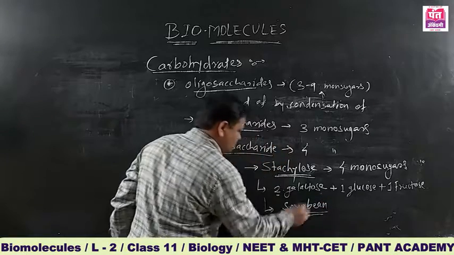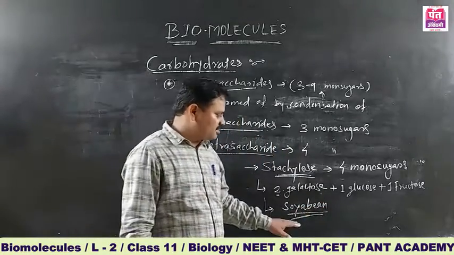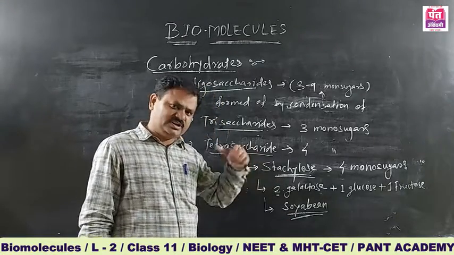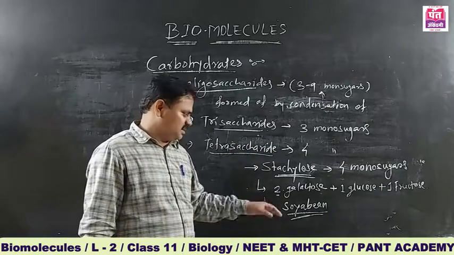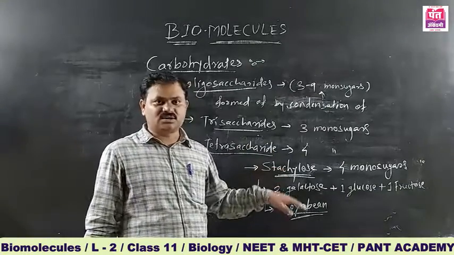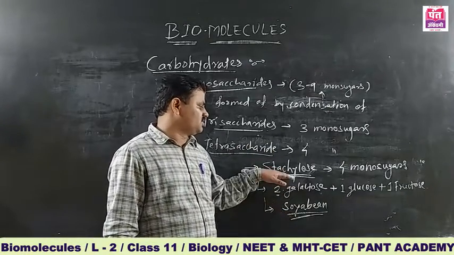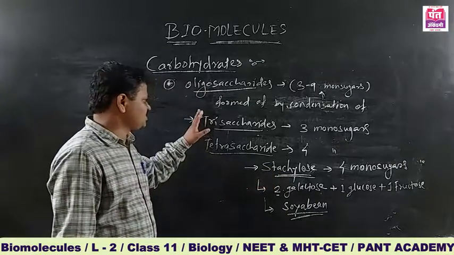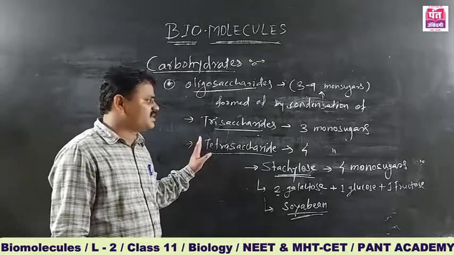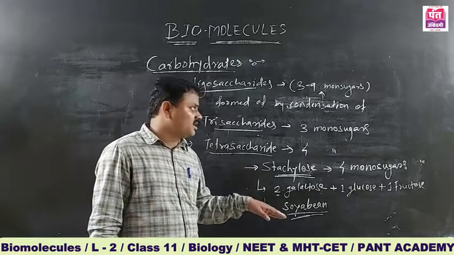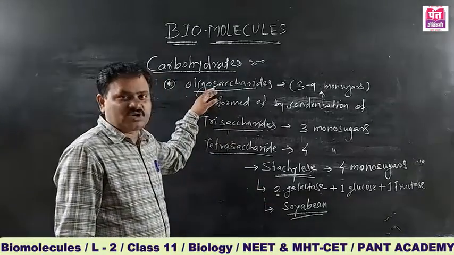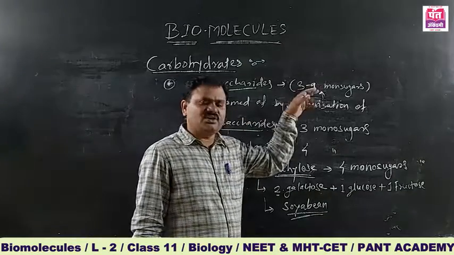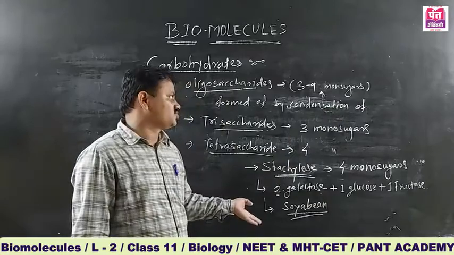Soya bean contains a large amount of stachyose. Also it contains raffinose as well, but stachyose is another type of oligosaccharide present in the soya bean. So these trisaccharides and tetrasaccharides are naturally occurring sugars, or we can say oligosaccharides, because they contain 3-4 monosaccharides.